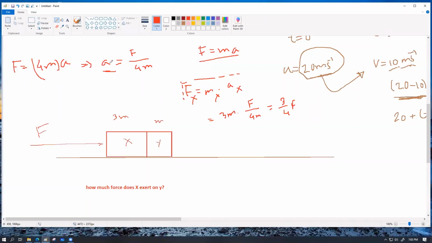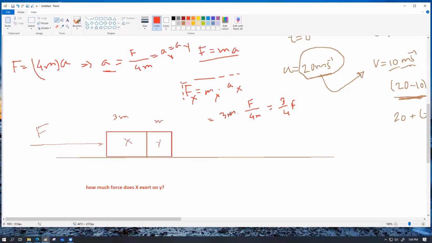This acceleration is essentially equal to the acceleration of x. It is also equal to the acceleration of y. Do you agree to this? Both the objects have the same acceleration. Yes. So that's what I replaced over here.